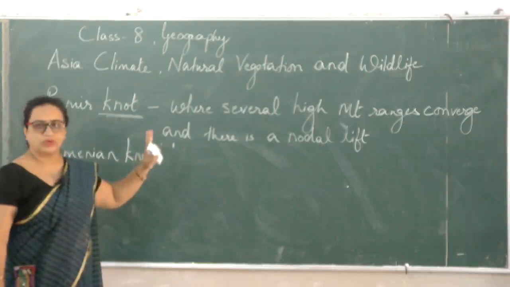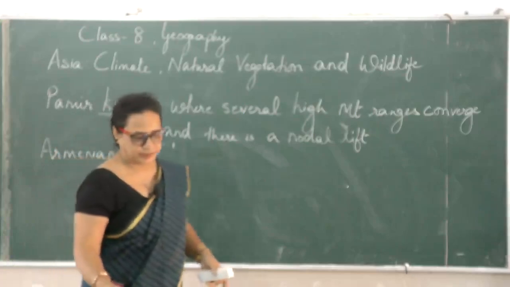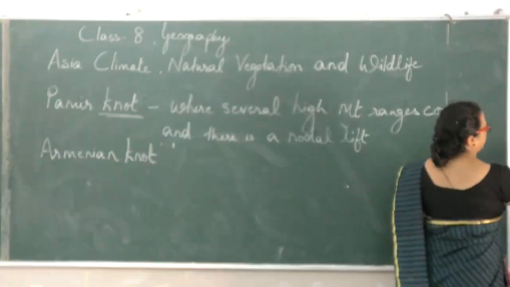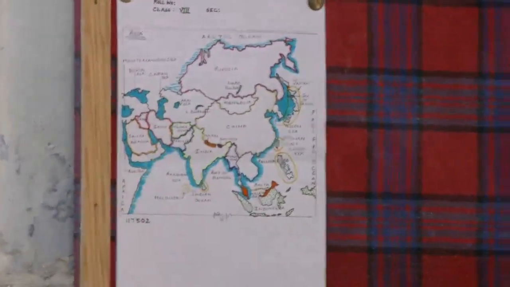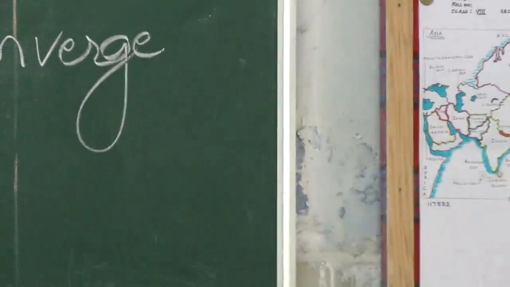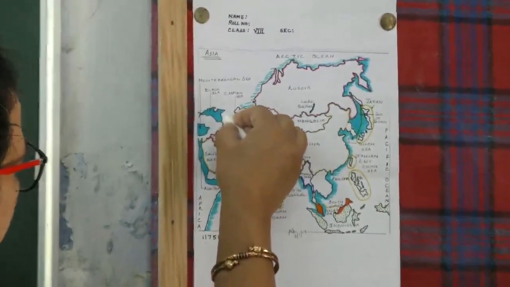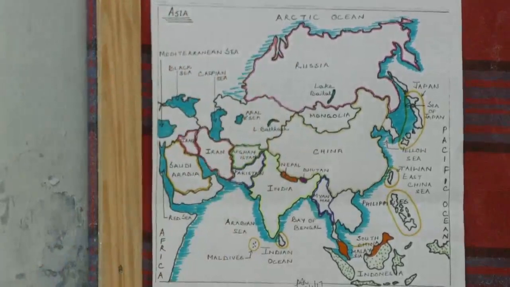If you go through the map of Asia, on the western side of the Caspian Sea, the Caspian Sea on the map which I showed you yesterday is over here, and your Armenian knot is on the western side between Black Sea and Caspian Sea over here. This is the point where you have your Armenian knot.